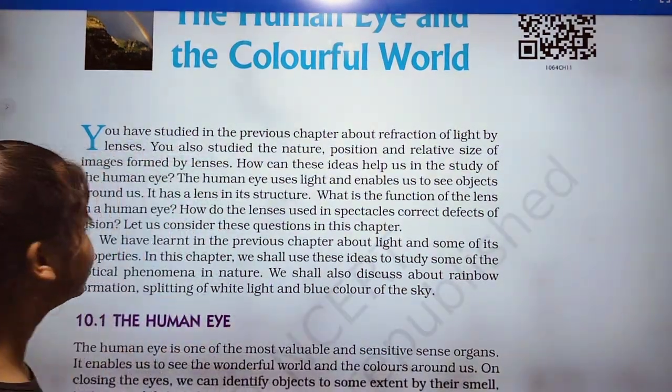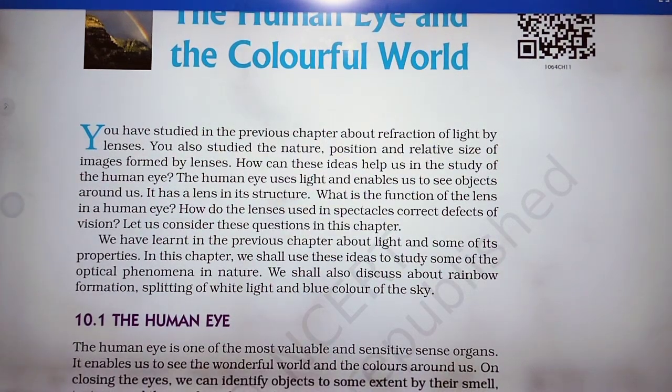So how can this idea help us in the study of the human eye? Here is the question: how can these ideas that we have studied in the previous chapter help us in the study of the human eye? The human eye uses light to enable us to see the objects around us.